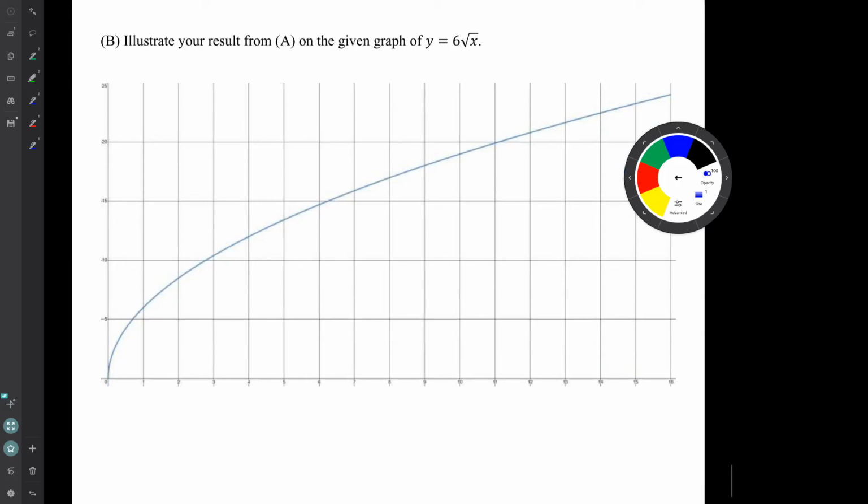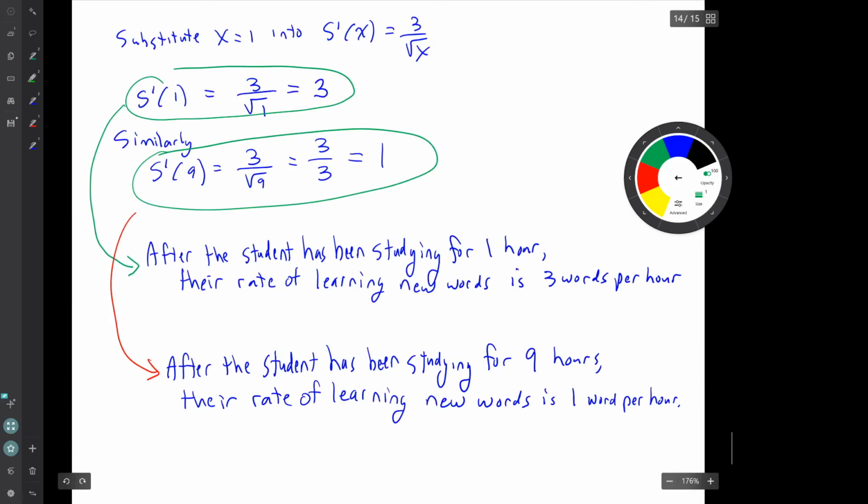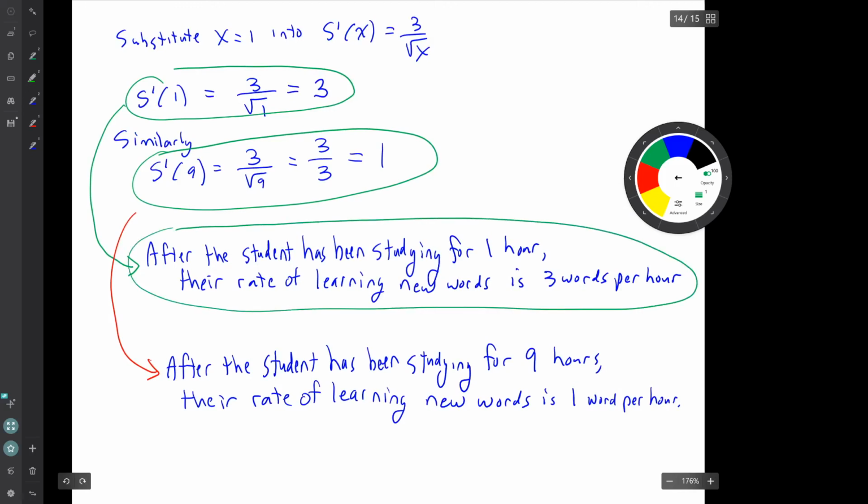Question B says to illustrate the result from A on the given graph. Let's go back up and look at those results from section A and think about how we'll illustrate them. In question A, we found this in words, but that corresponded to this symbol. Now let's go back up and look at our diagram.